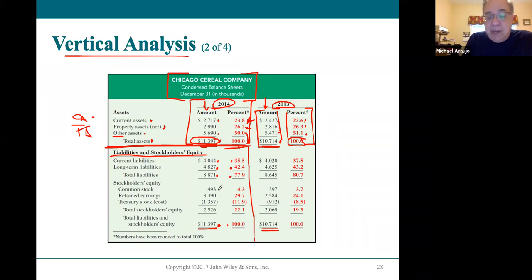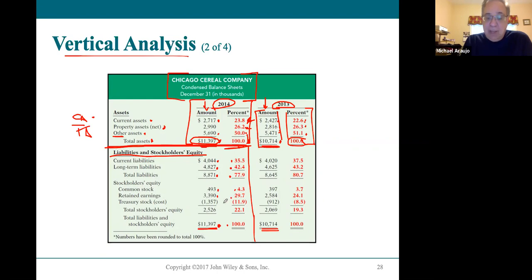Then you do the same thing for the categories under stockholders' equity. Common stock was 493 out of a total of 11,397. It's a very tiny 4.3%. Retained earnings was 3,390, a larger number, over the total of 11,397, which means that's 29.7%.